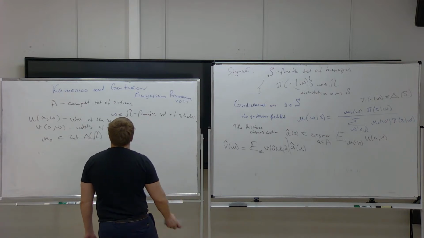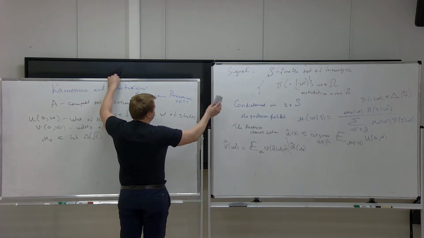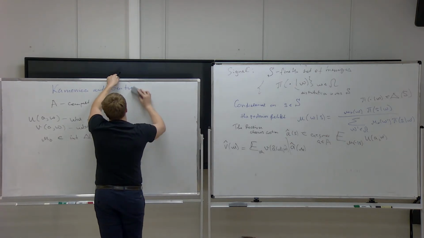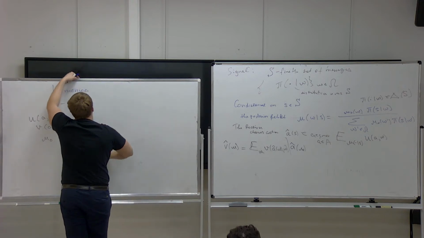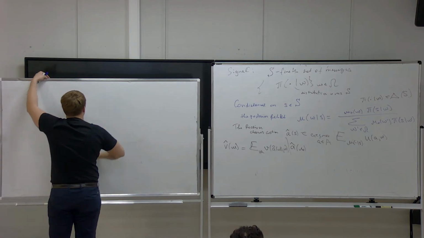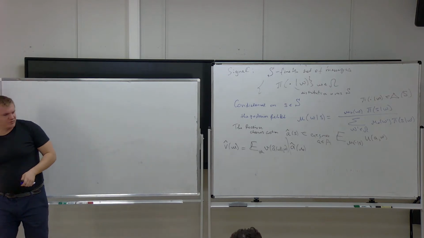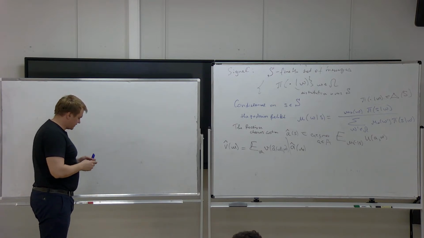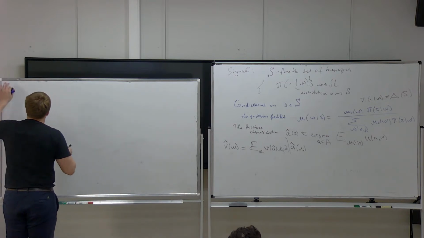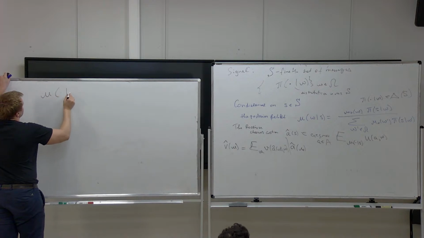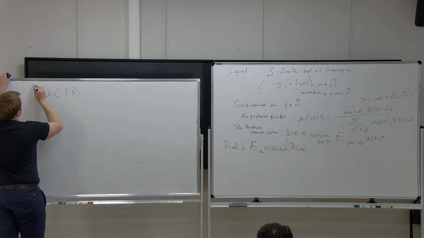So now, what happens if we have some signal in play? Suppose I have a signal, it has large S possible realizations. Conditional on each S, it will give me a posterior belief.